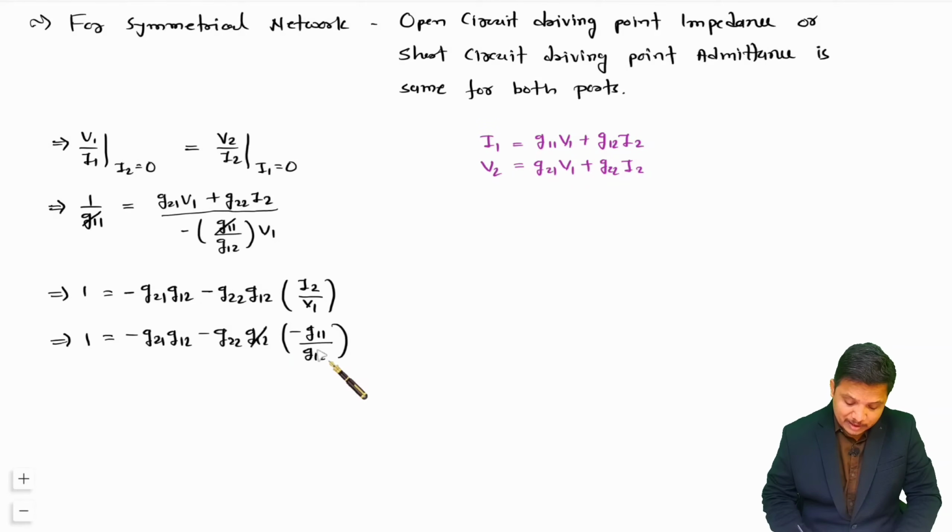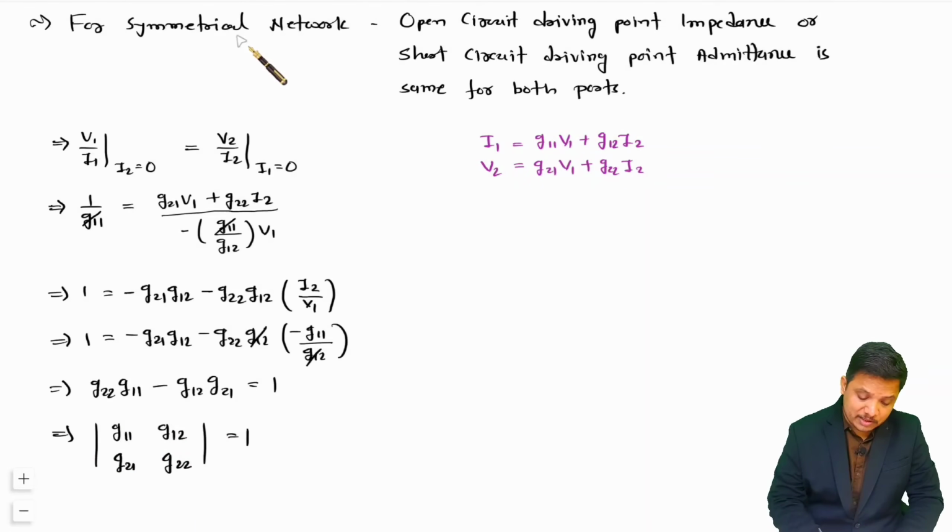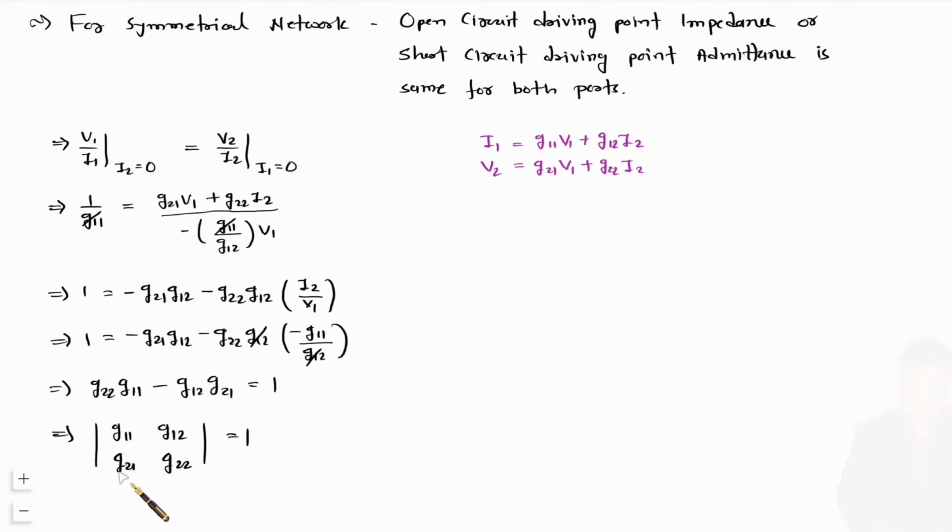You see G12 will get cancelled and this minus minus will become plus. So what I can say is this will be G22 G11 minus G12 G21 equals 1. And what is this? This is the magnitude of matrix G. So that is the determinant of G11 G12 G21 G22 that should be equal to 1. So this is the basic condition for a symmetrical network with G parameter.